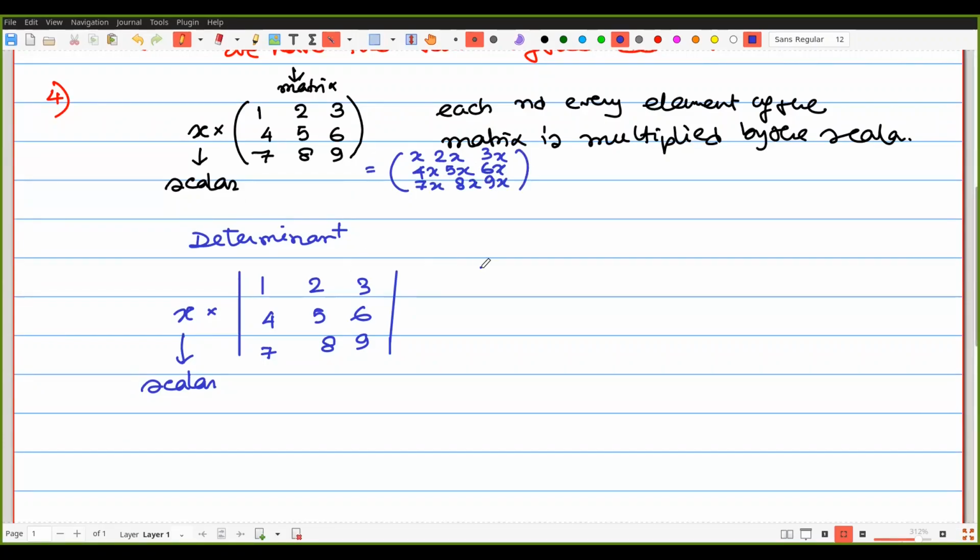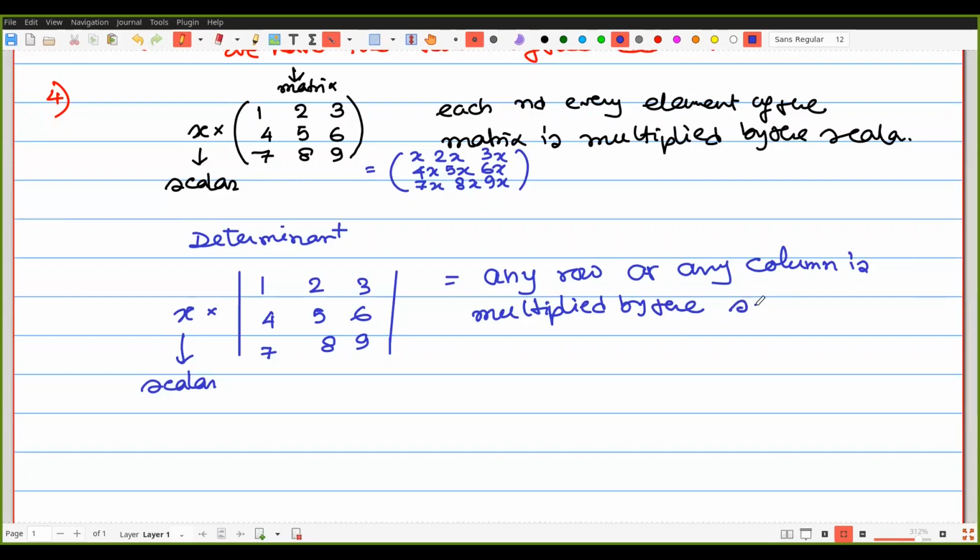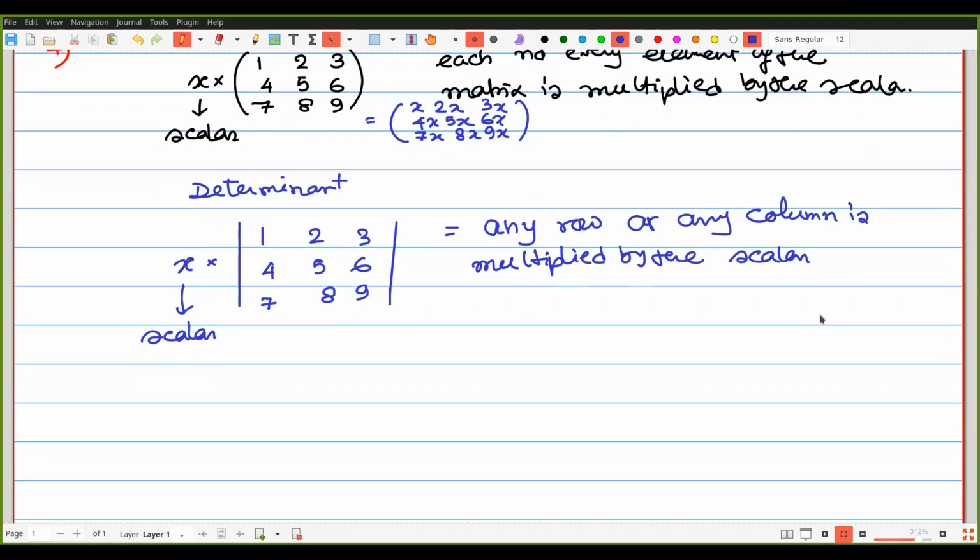But in the case of a determinant, any one row or any one column is multiplied by the scalar only. That means not all the elements are multiplied, only one row or one column.